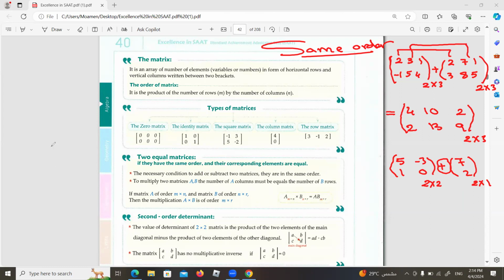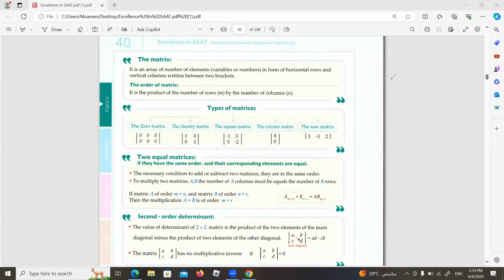How can we multiply a matrix by a constant? For example, if we have a matrix called A, which contains 1, 2, 5, 7, and we need to get 3A, we need to multiply this matrix by 3. So I write the 3 outside and write the matrix 1, 2, 5, 7, and then multiply 3 by each element: 3 by 1, 3 by 2, 3 by 5, 3 by 7.